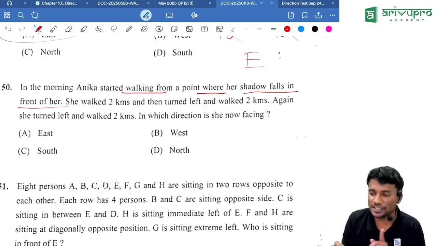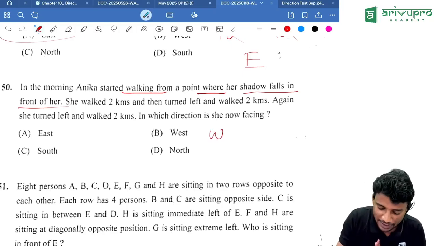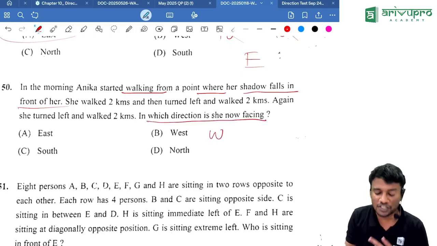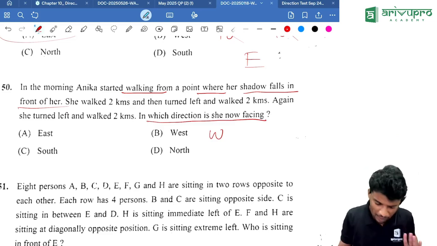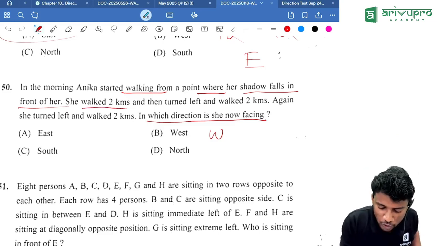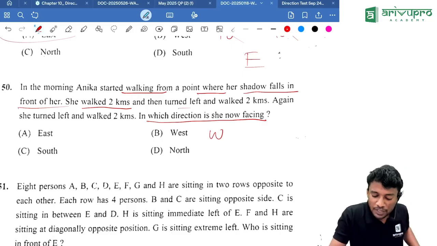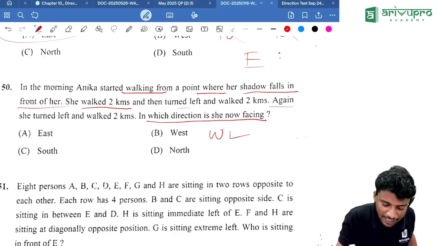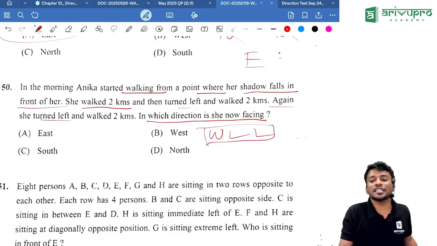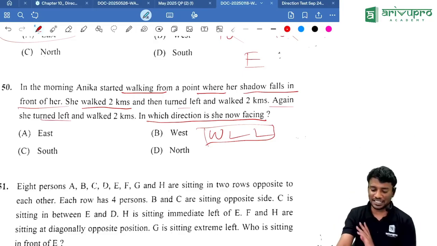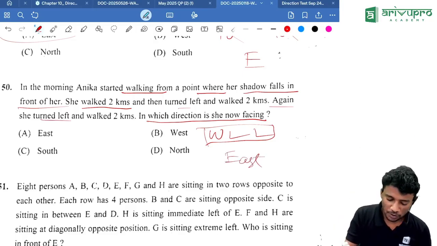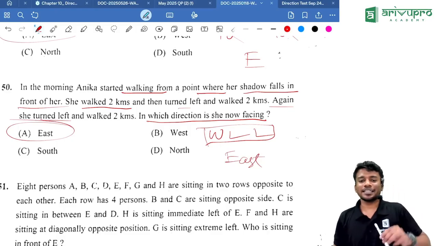So west is the initial direction. The question is in which direction she is facing now. She walked 2 kilometers and turned left. Again she turned left. West, left, left means opposite of west. That is east. Option A is the answer.